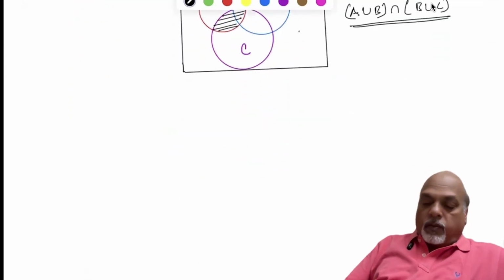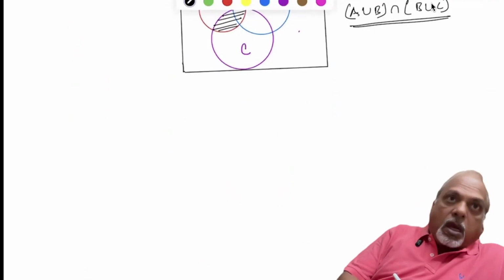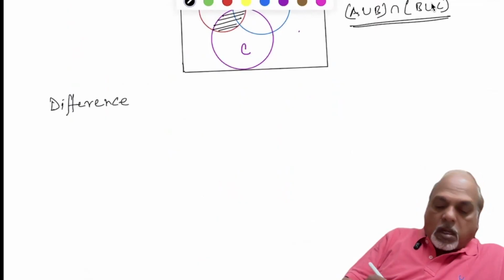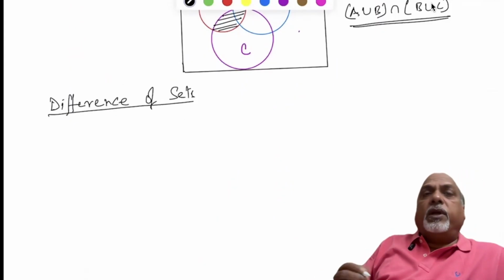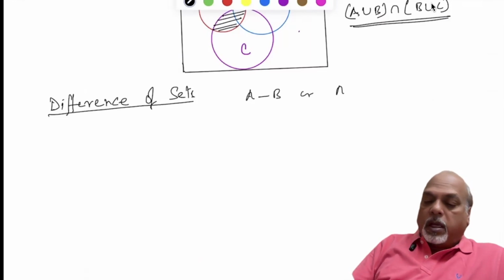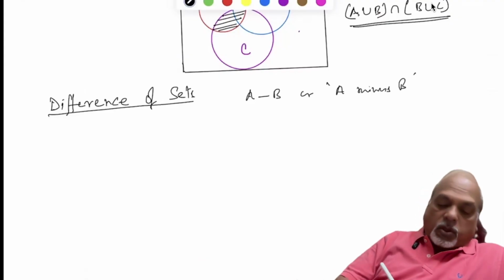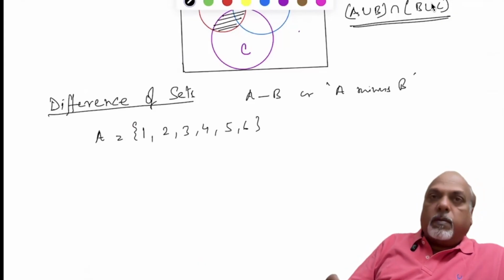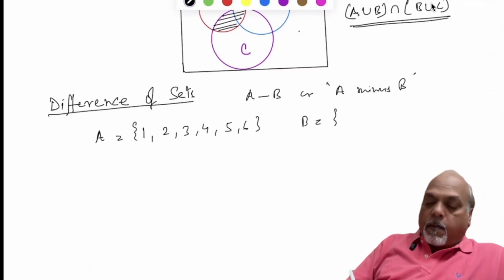Right? Now, further, let us go to another topic, that is difference of sets, meaning A minus B. Suppose you have A as 1, 2, 3, 4, 5, 6, and you have B as 2, 4, 6, 8.